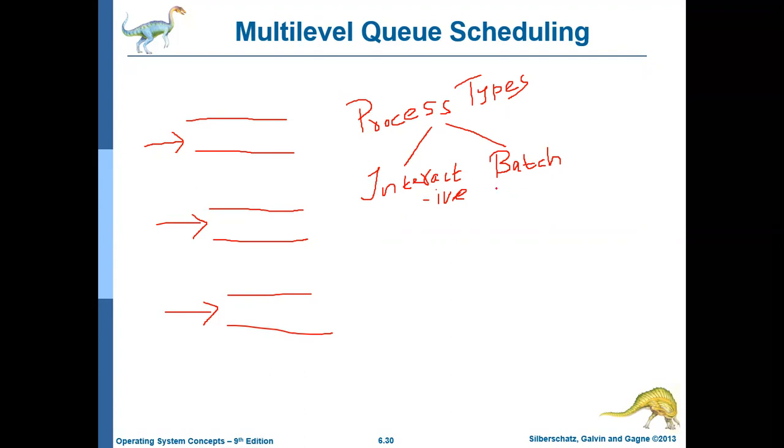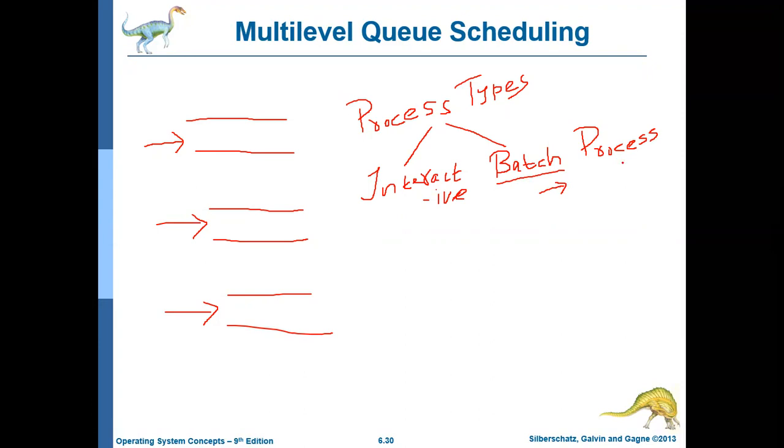Batch processes are also user processes, but here the user submits the job or process and then goes away, and it does not require any user interaction. This job should be completed maybe within an hour, or 2 hours, or 10 hours, whatever it may be.